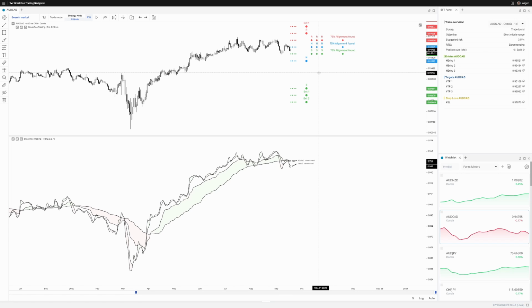So let's talk about AUD CAD, because you're mentioning some really important points here. If you look at AUD CAD here, I think it actually shows just how beautifully RTD works, right? We have this madness with the COVID, and then pretty fast AUD CAD establishes a bull trend.